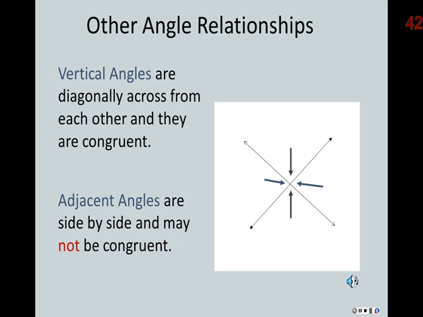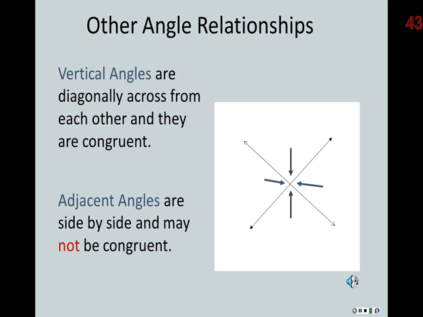Now, I just told you side-by-side angles are not equal. They may not be equal, especially in vertical angles. The only time you have side-by-side angles that are congruent is when you have perpendicular lines, because everything is 90, so everything is equal. But if you have adjacent angles, adjacent means side by side, they may or may not be supplementary.